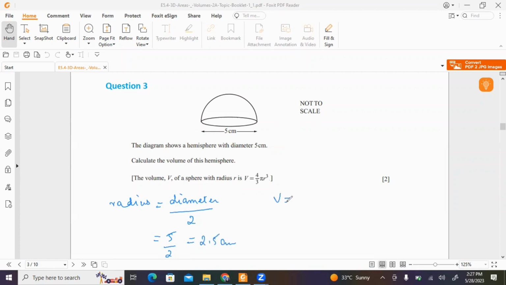Now we plug it in the formula: 2 over 3 pi r cubed, 2 over 3 pi times 2.5 cubed. Plug this in the calculator: 2 pi times 2.5 cubed divided by 3. That's 32.7 centimeters cubed.